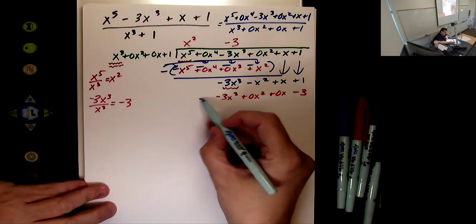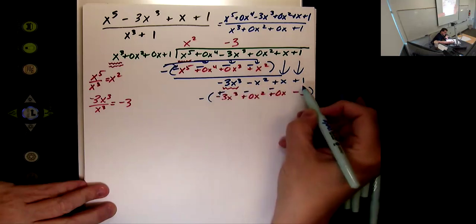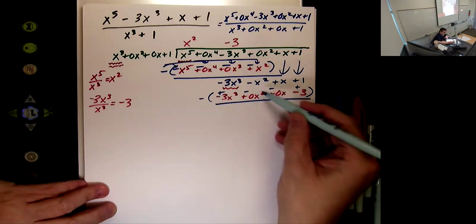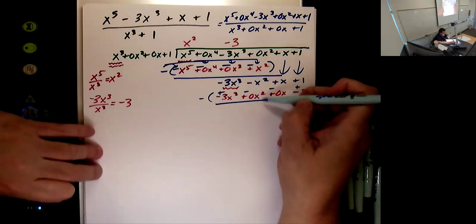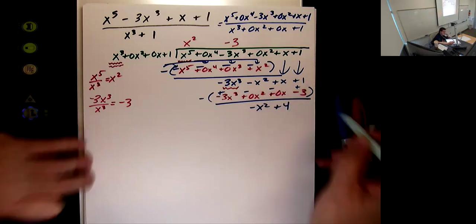And if I subtract, I'll change all the signs inside. And when I add up, I have a negative x squared plus 4.